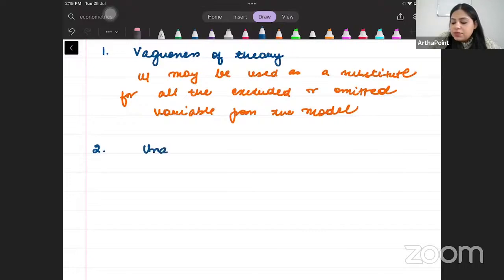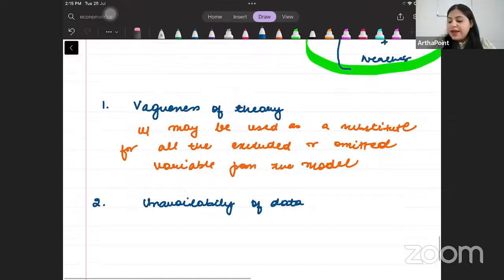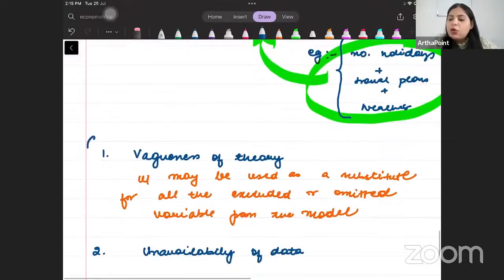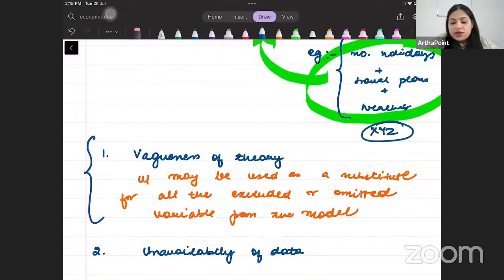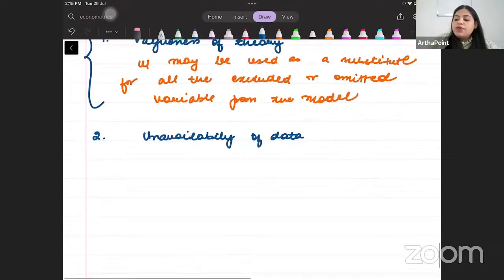unavailability of data. Earlier, I don't know about some variable XYZ, so that is part of the error term. But this is saying that I know about a variable.